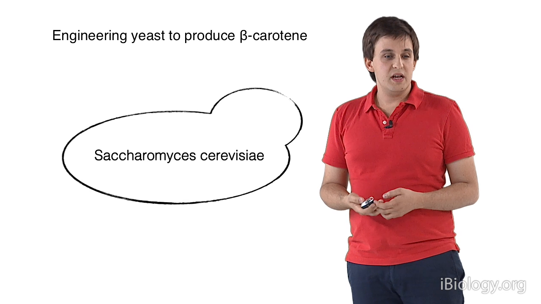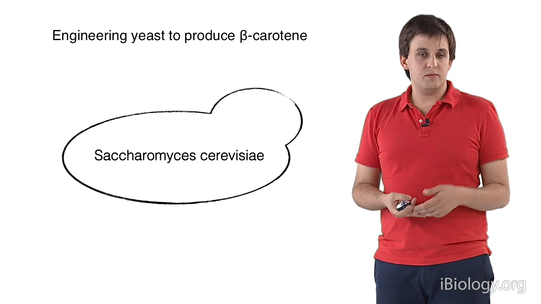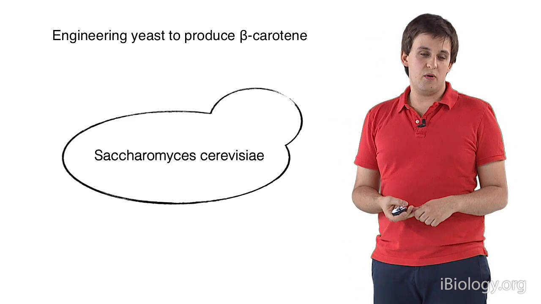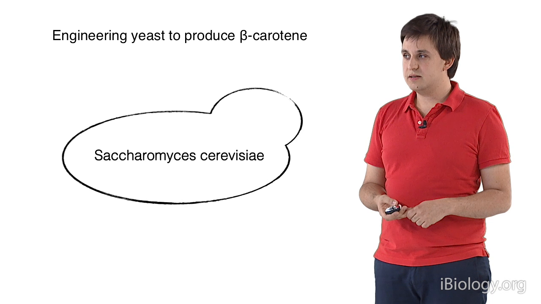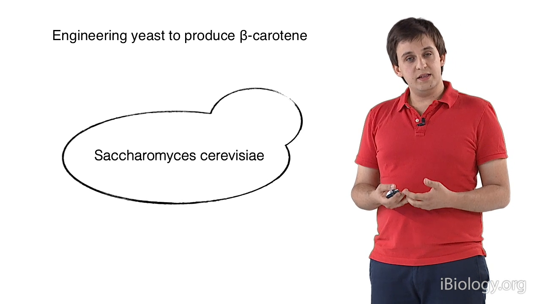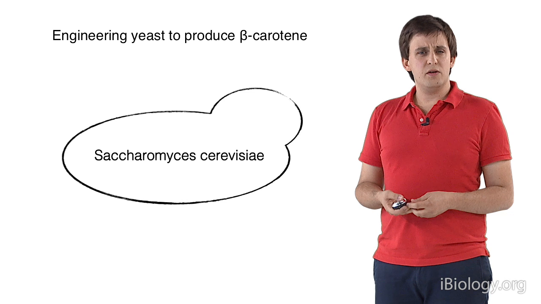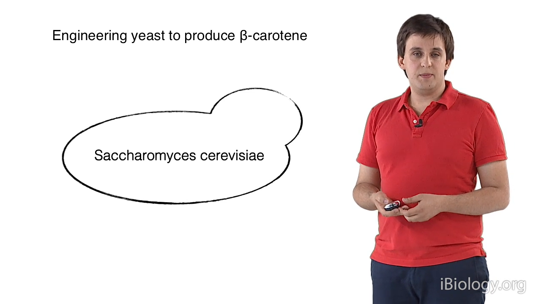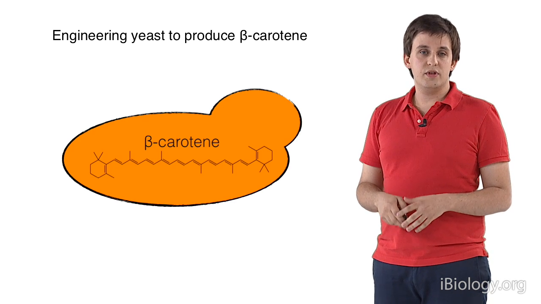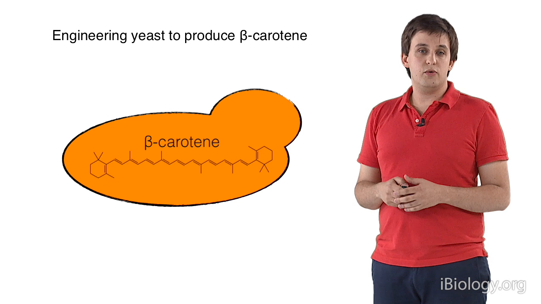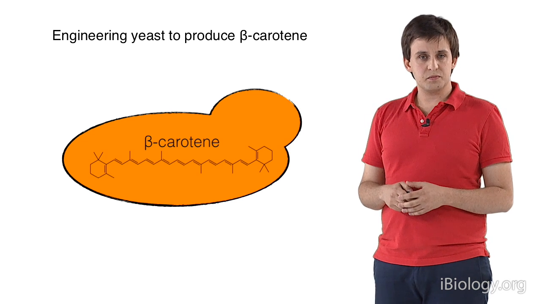S. cerevisiae is a very well-known model organism. You might know it way more under the name of baker's yeast. It's safe, easy to manipulate, grows fast, and it's already used a very long time. We decided to engineer it in a way to produce beta-carotenoids.